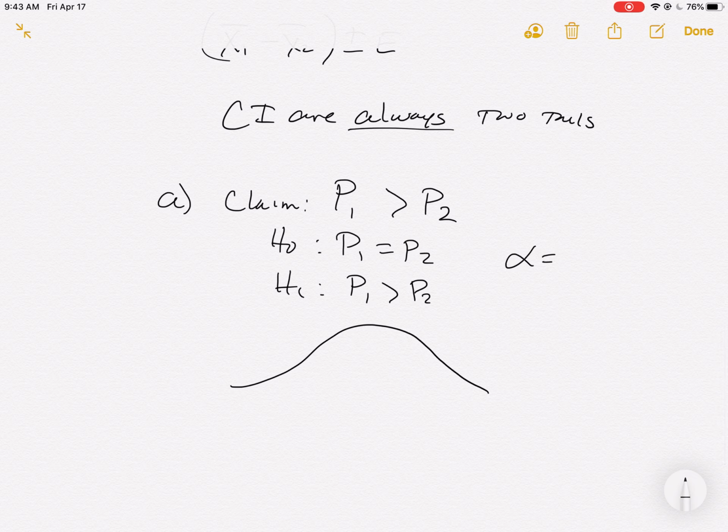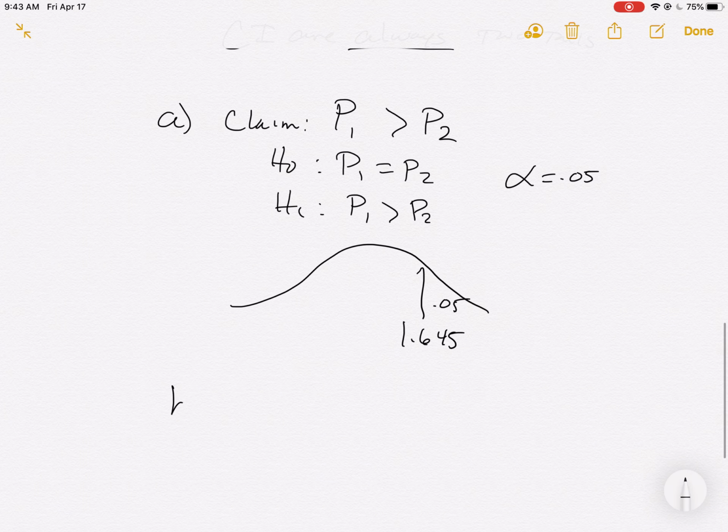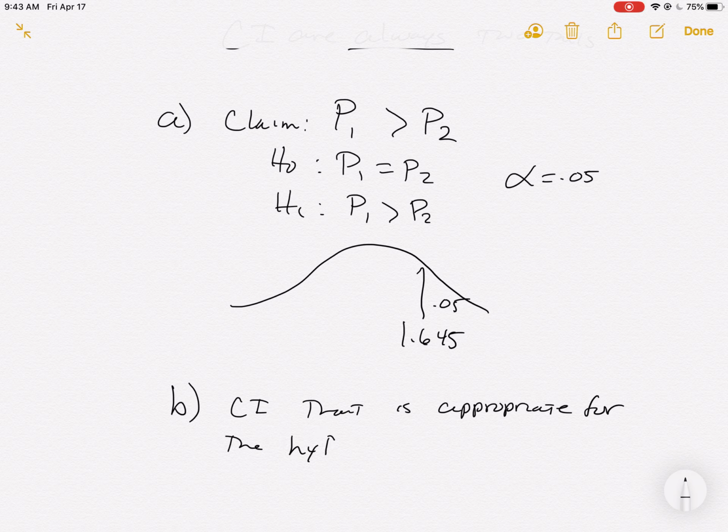And so if alpha is equal to 0.05, you put 0.05 there, you go look it up, and you get a 1.645 coming out there. Well, part B is going to ask you to construct the confidence interval that is in accordance or corresponds to or is appropriate for the hypothesis test.